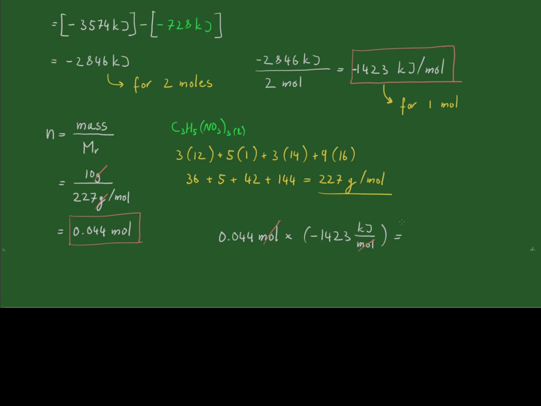And we can say that is 62.6 kilojoules. So finally we can say that the enthalpy change for the detonation of 10 grams of nitroglycerin is negative 62.6 kilojoules. That is all for now, and I will see you on the flip side.